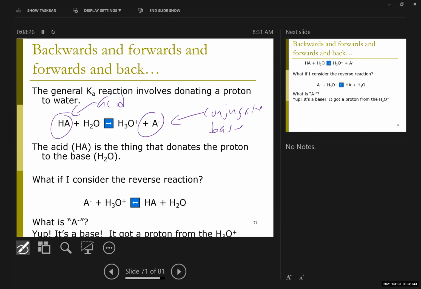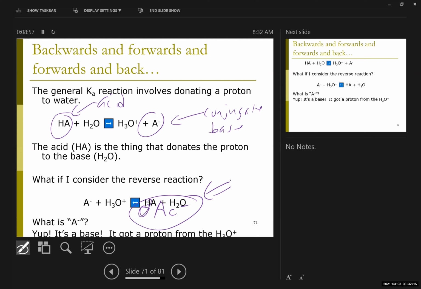If I just have the conjugate of the acid, that is acetate. If I just throw acetate in water and there's no acetic acid, there soon will be, because the acetate is itself a base. And I don't need it to be conjugated to be a base. It's just a base.